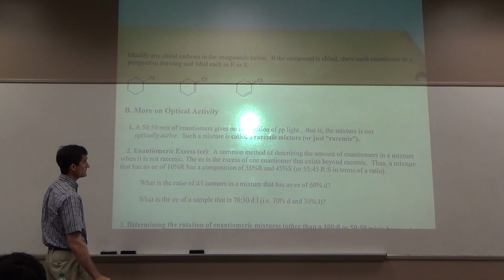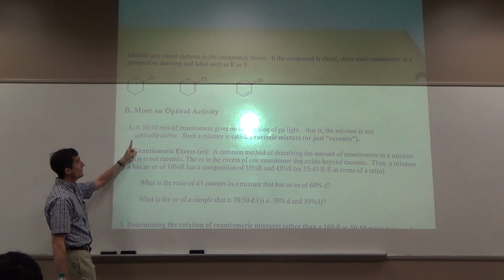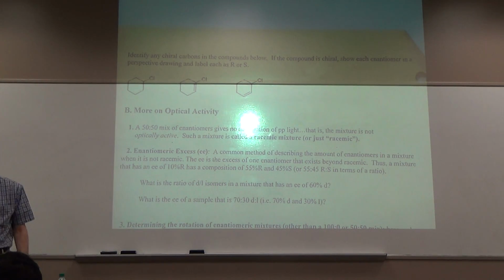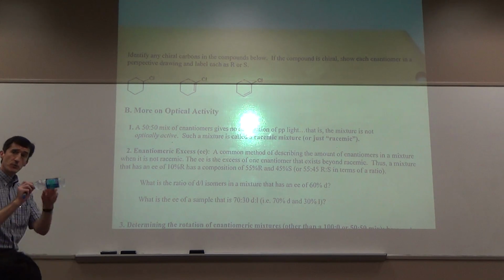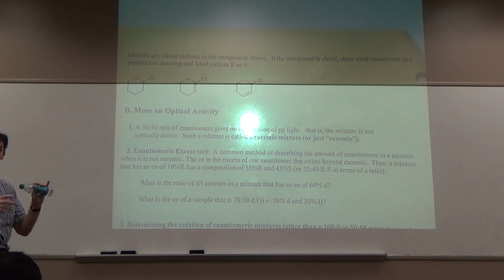Now, a 50-50 mix is easy. It's zero rotation. What if it's 100% one enantiomer and 0% the other? Well, then it would rotate the maximum. That's like what we put on the board.